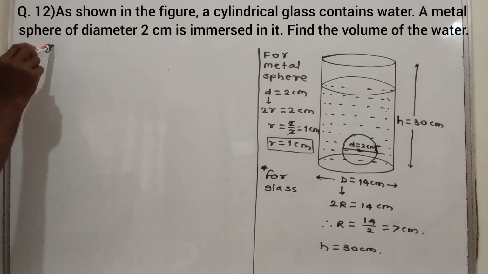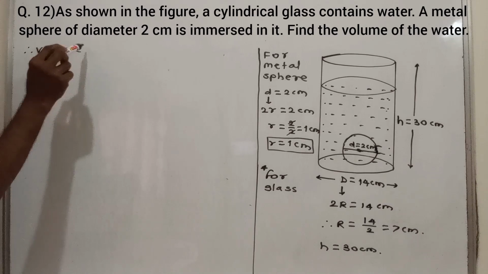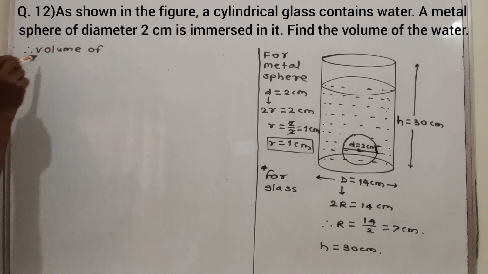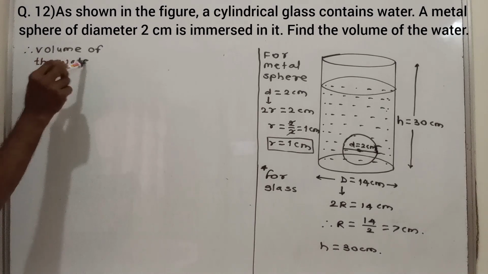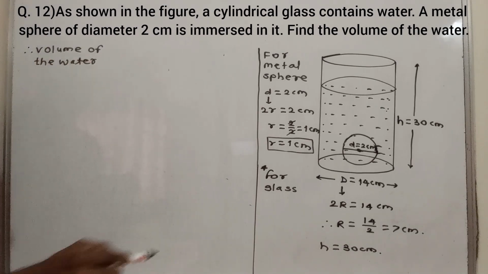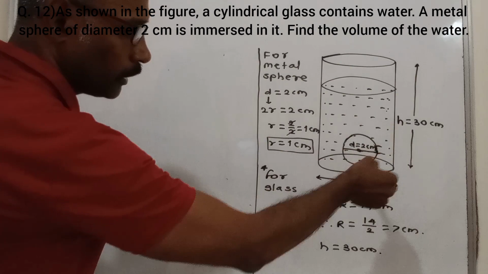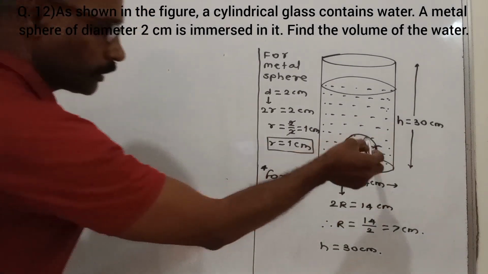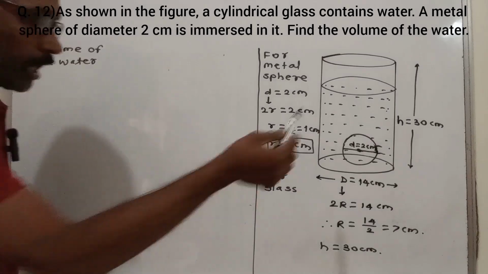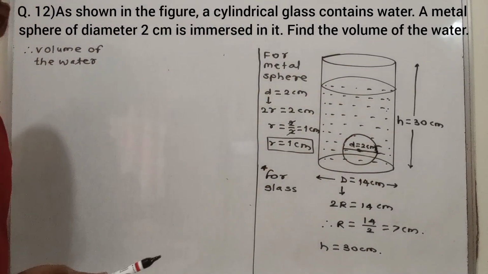Therefore, volume of the water left in this cylindrical glass after taking out this metal sphere.